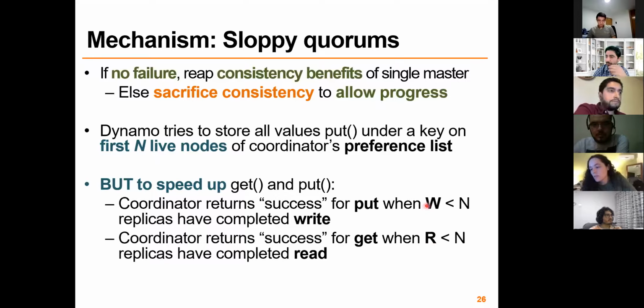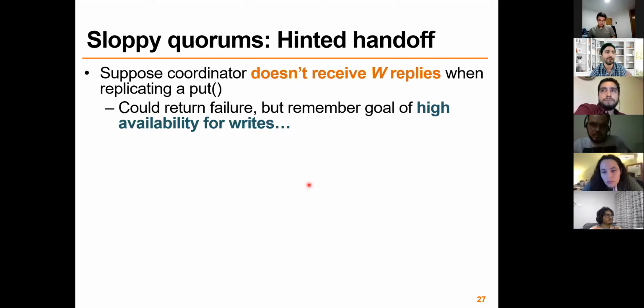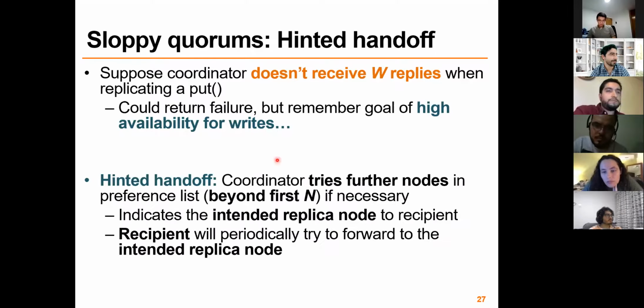That's the whole idea. When you have 3 replicas, you want to be able to write to 2 and read from 2 in order to consider it a success. Those values refer to that.